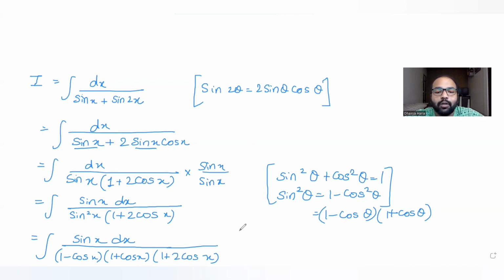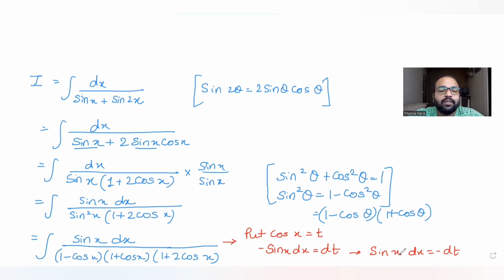So I can put cos x as t. Here I will get minus sin x dx equal to dt, or in terms of the numerator, sin x dx becomes minus dt.